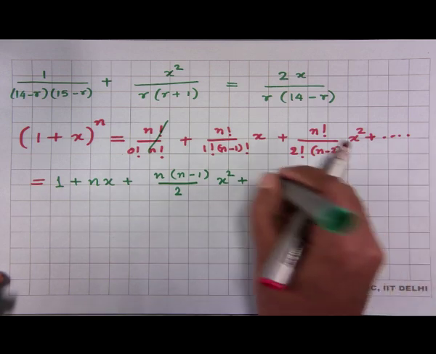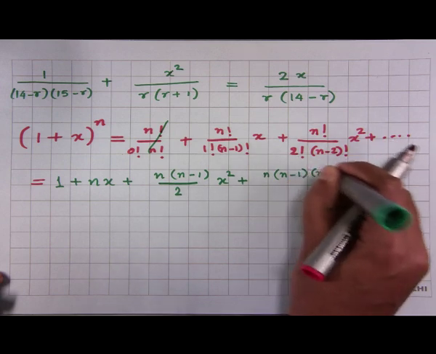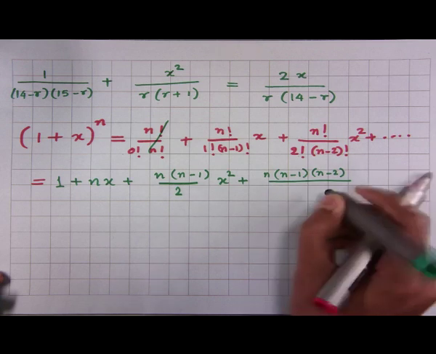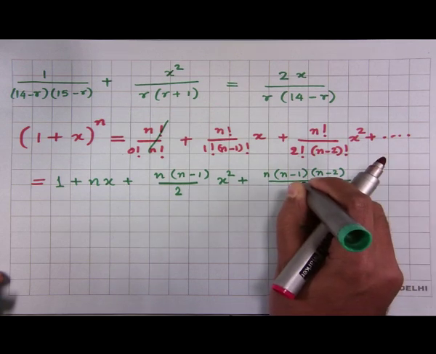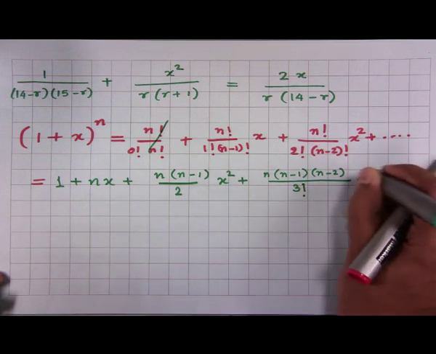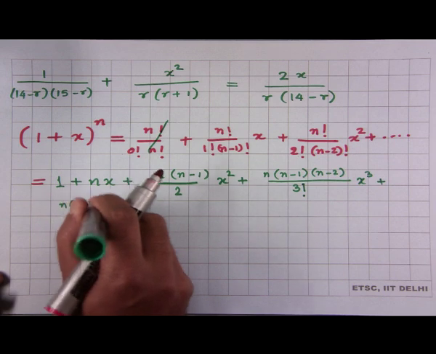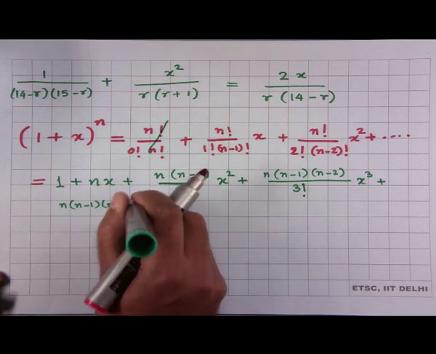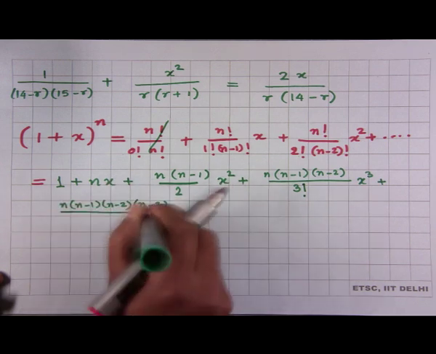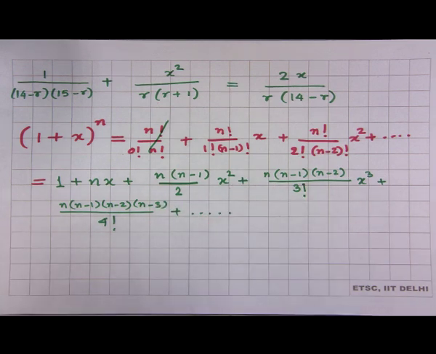And the third term is going to be n into n minus 1 into n minus 2 times by factorial 3. Okay. So, I am just rewriting the binomial theorem, it is just a rewrite so far.